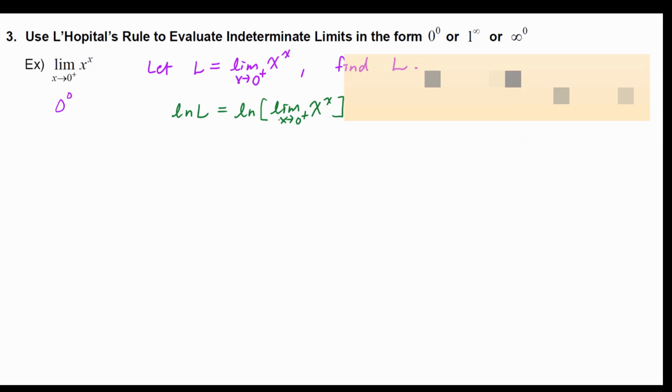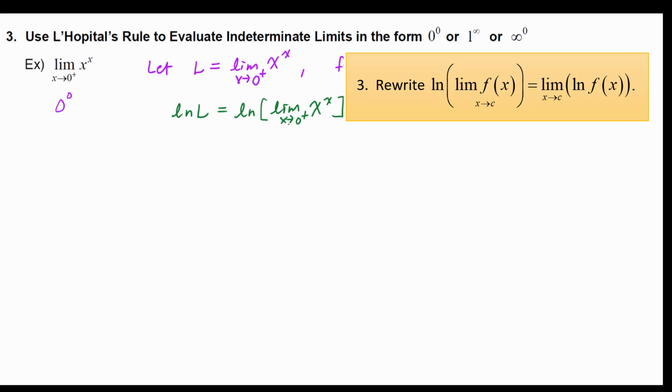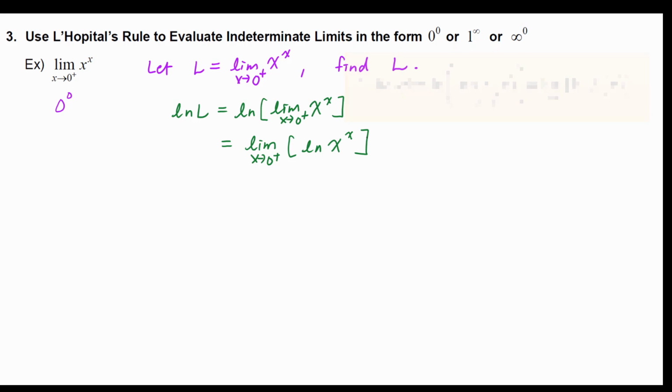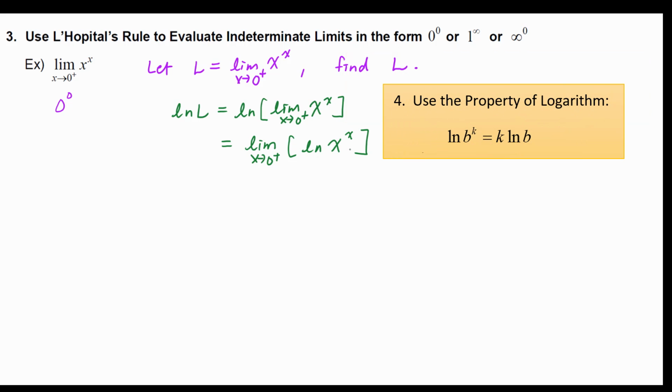Then now you can actually switch the function and the limit. So you can rewrite this as the limit as x approaches 0 from the right of ln of x to the x power. Now, the logarithm has a beautiful property such that the power of the input gets to drop in front. So you can rewrite this as the limit as x approaches 0 from the right of x times ln x.